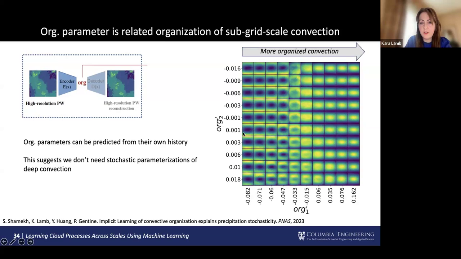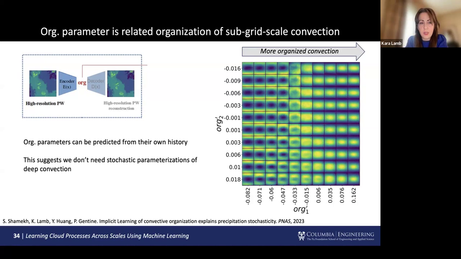And so this suggests that what these org parameters mean in terms of the high resolution precipitable water field is related to how organized convection is at the subgrid scale. In addition to that, we also found that these org parameters can be predicted autoregressively from their own history. So this is also indicative that these parameters are telling us something about how organized convection is over time.